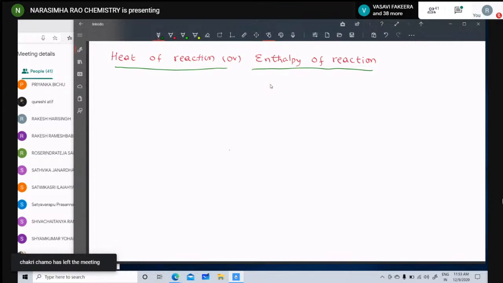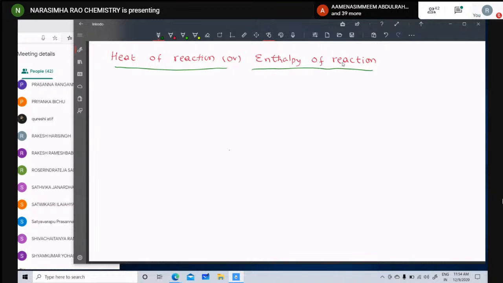So heat of reaction or enthalpy of reaction may be defined as the amount of heat evolved or absorbed. That means this process may be endothermic or exothermic. The amount of heat evolved or absorbed when a quantity of the reactants completely reacts and converts into products is called the enthalpy of reaction or heat of reaction.